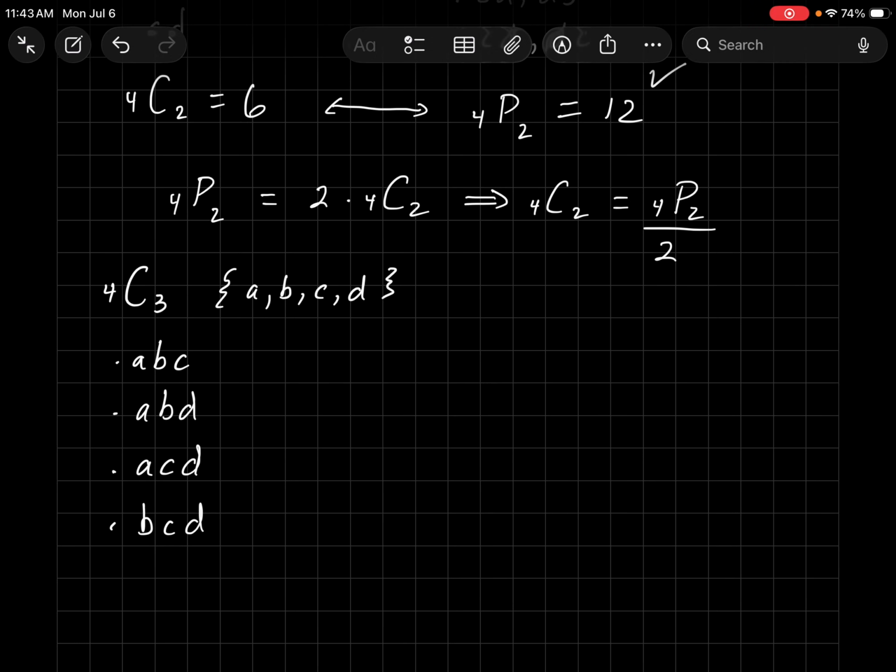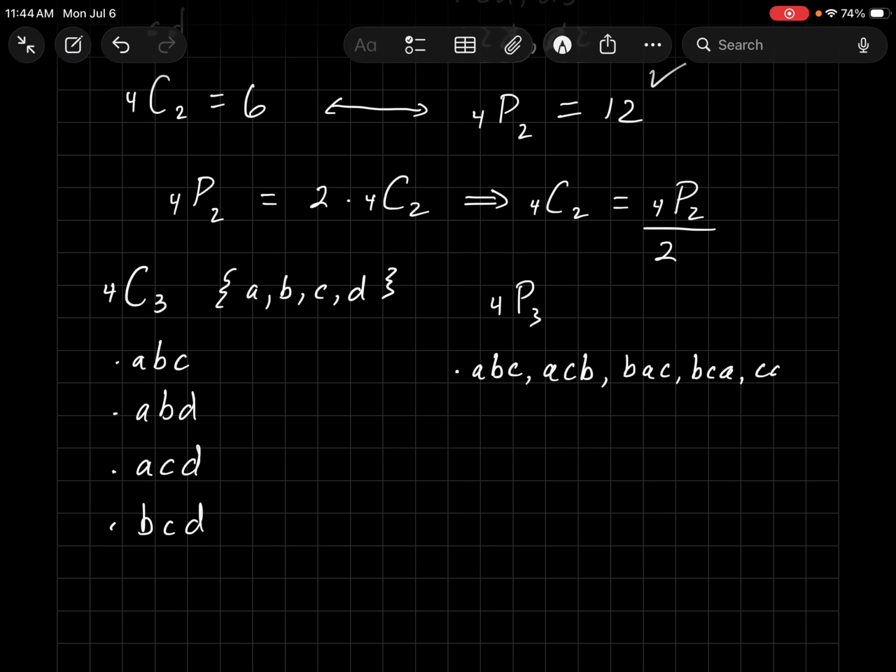How about our permutations? Once again, we could start with A, B, C. But the order does matter, meaning ABC and ACB are different. Still using only A, B, and C, BAC and BCA would be different.